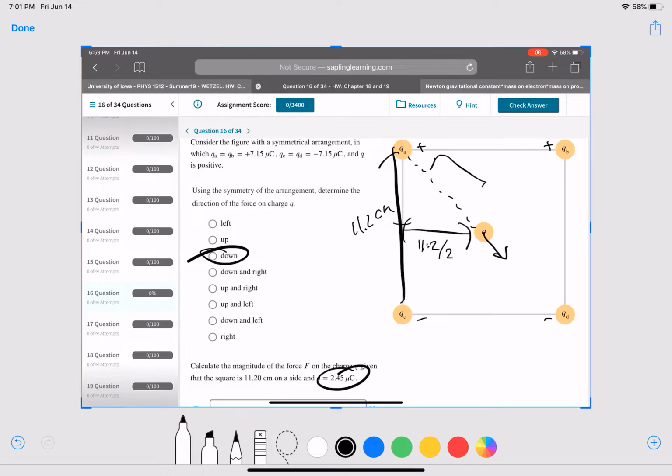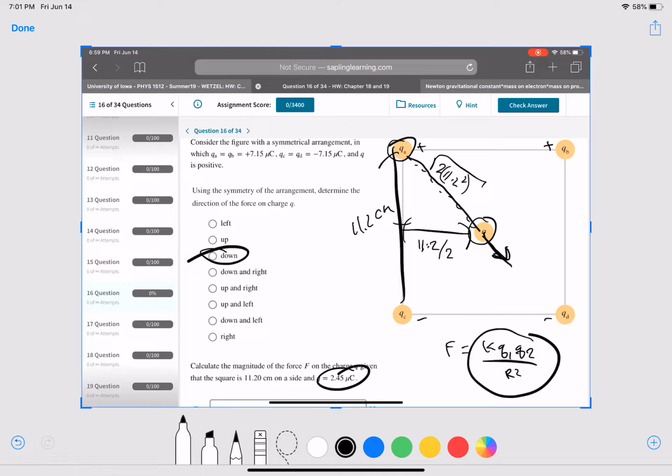So this distance is the square root of 2 times 11.2 squared. 11.2 squared plus 11.2 squared, and then square root that is going to be the length of this, and then the force there is going to be kQ1Q2 over this distance r squared. And so that force is going to be equal to this plus 7.15 microcoulombs and this 2.45 microcoulombs. You're going to put that in there and get this force here.